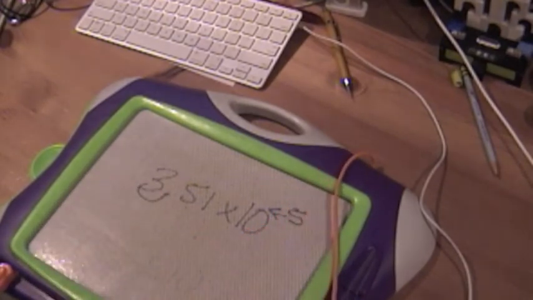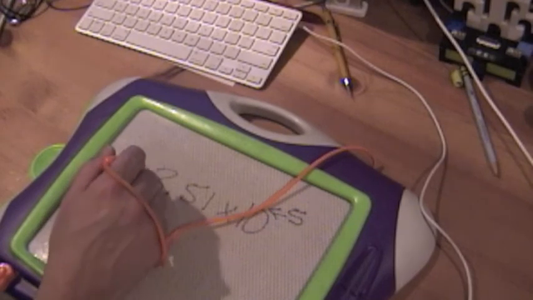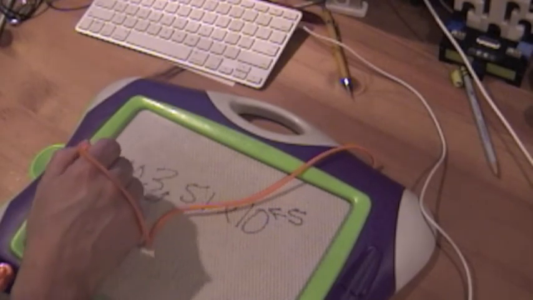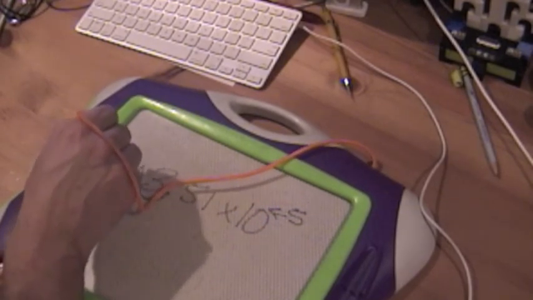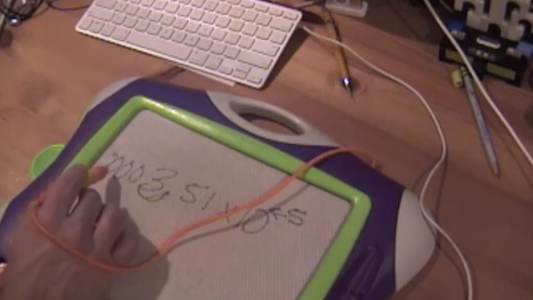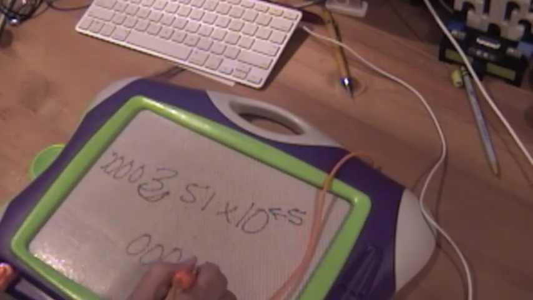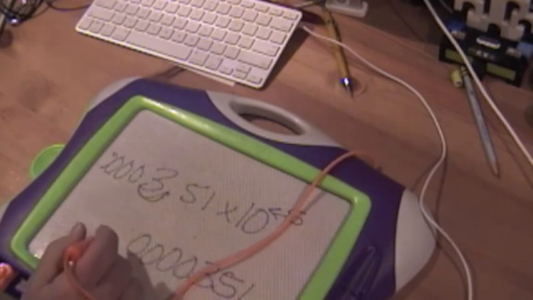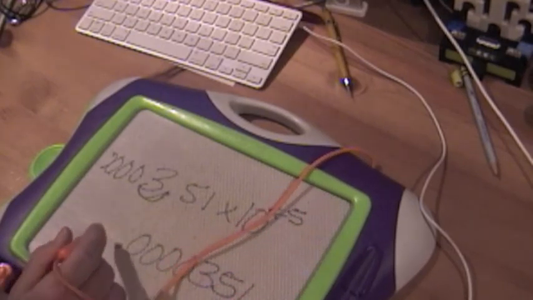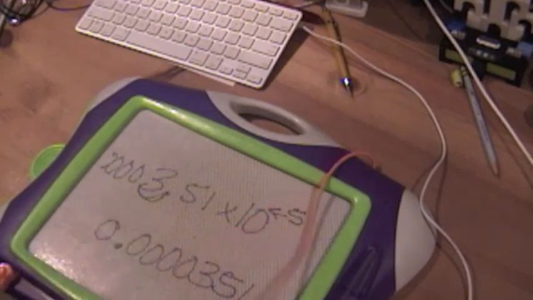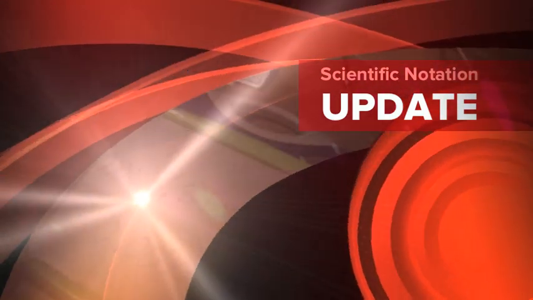Obviously there's nothing to the left of the 3, so I need to put some zeros in for place value markers. 1, 2, 3, 4, 5. I've got 1, 2, 3, 4 zeros. I need to put a decimal point here, and it's always good to put a 0 to the left of the decimal point just to make it stand out a bit. It's pretty much standard procedure.